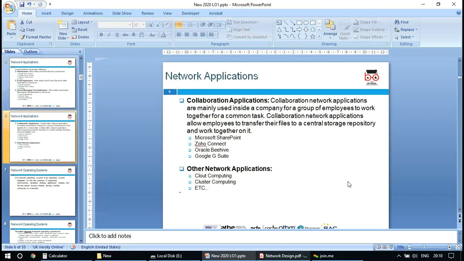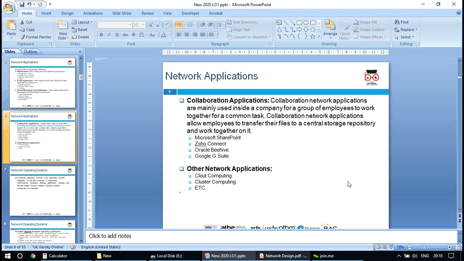Yes. Then collaboration applications. These applications are mainly used inside a company for a group of employees to work together for a common task. So Microsoft SharePoint, Zoho Connect, Oracle Beehive, Google G Suite, or let's say Excel or document sharing on Google Docs, and many more things.